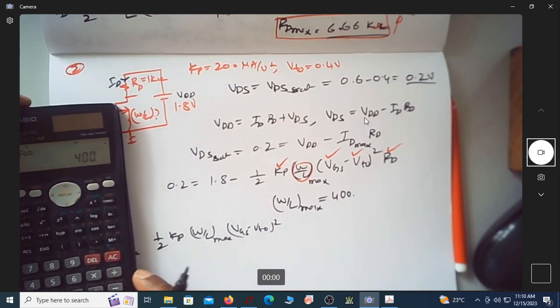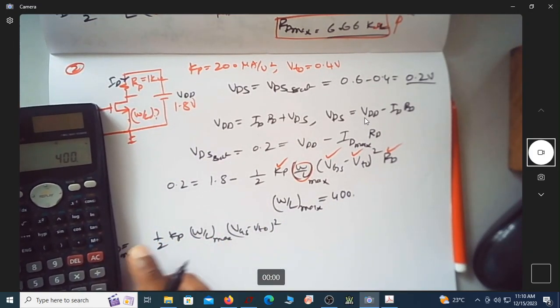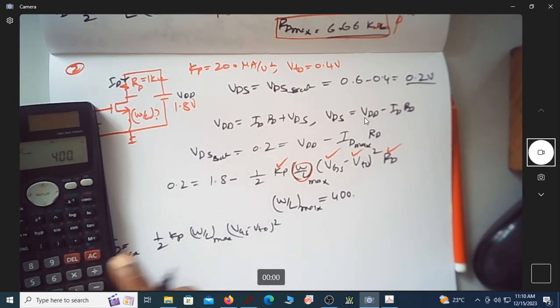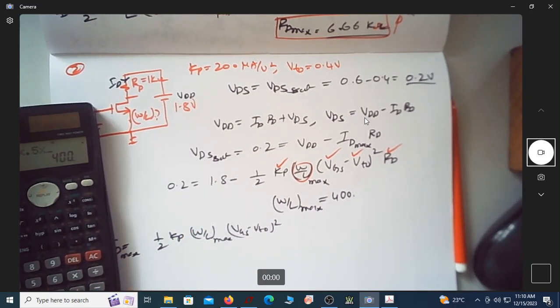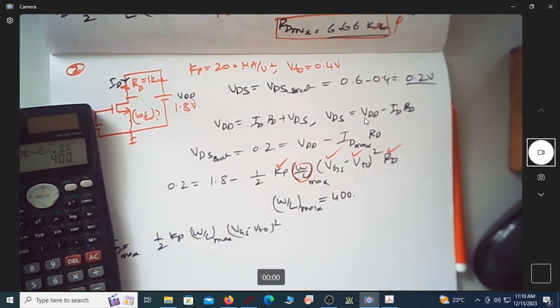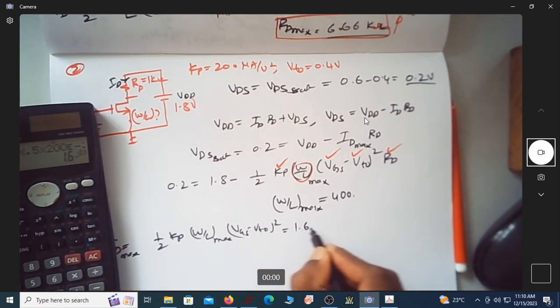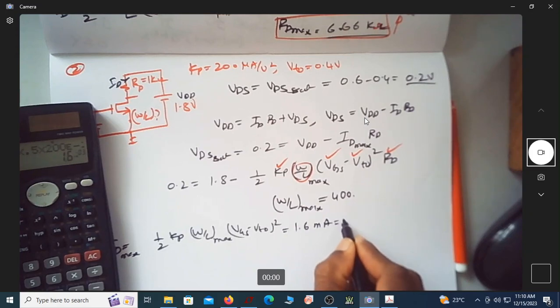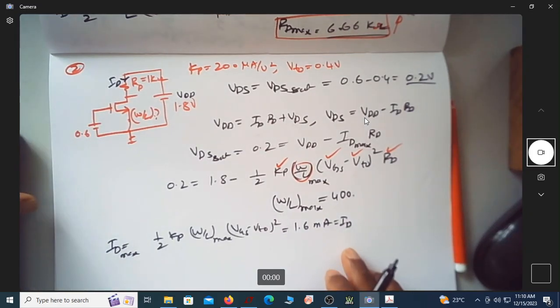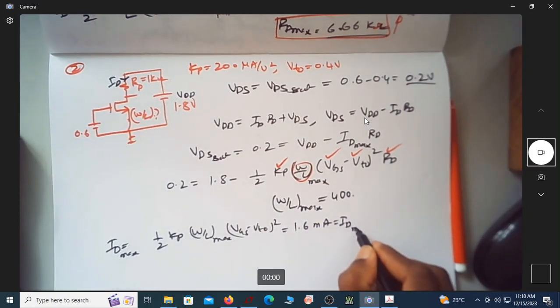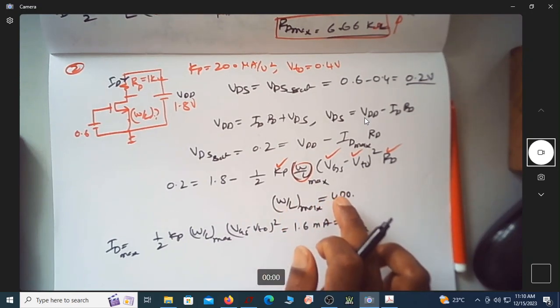So this is 400 into 0.5 into 200 exponential minus 6 into 0.2 whole square. So I should get 1.6 milliamperes of current as my ID. This will be the ID max, the ID that will flow when W by L is 400.